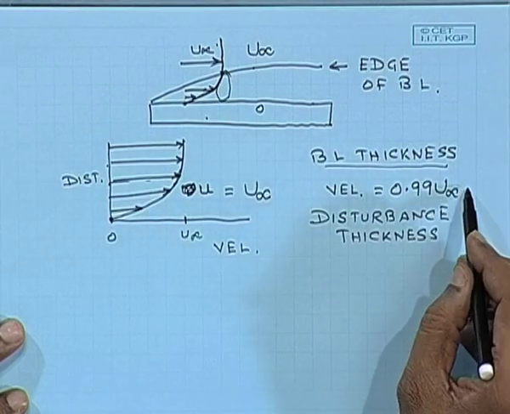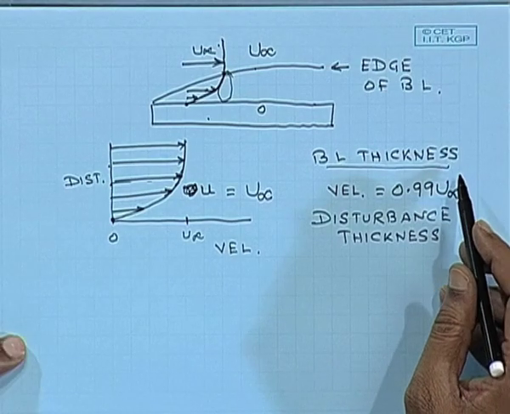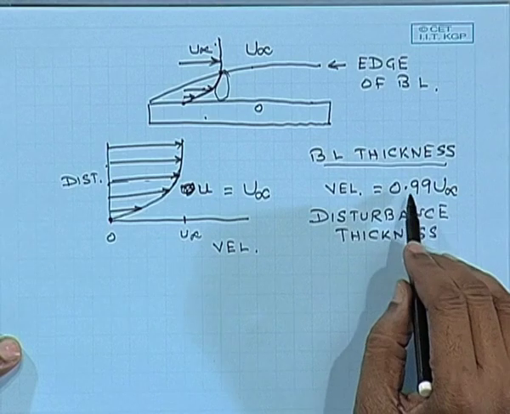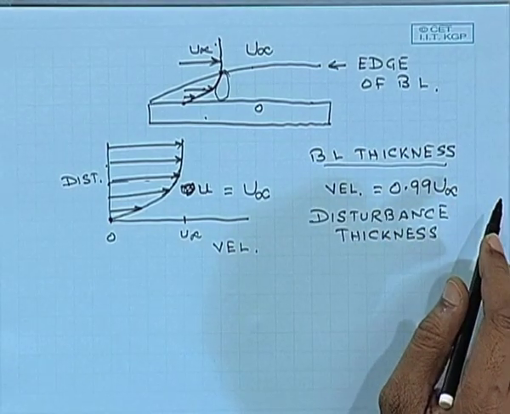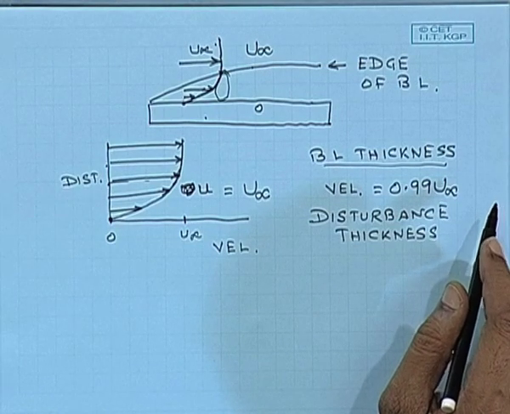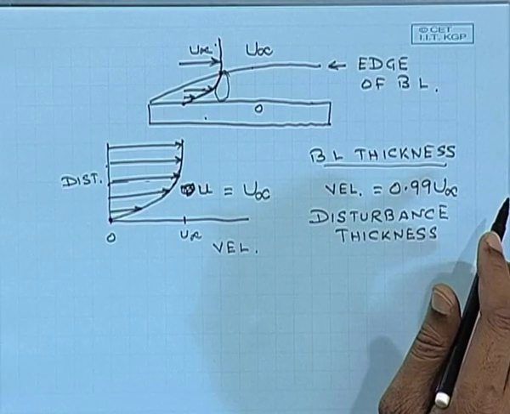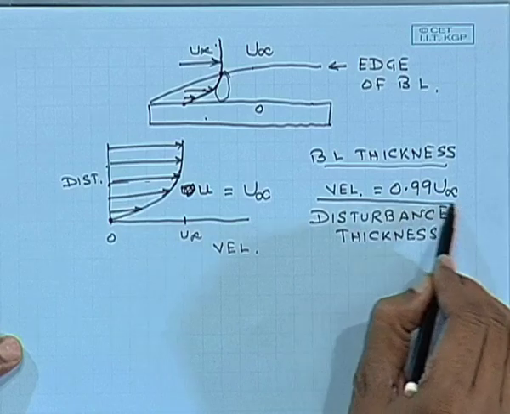So this is the traditional definition of boundary layer thickness for the hydrodynamic one, and for the thermal boundary layer and for the mass transfer boundary layer it is again the same, where the temperature approaches 99% of the free stream temperature. That is the thickness of the thermal boundary layer. It is defined in a slightly different way, but we will discuss that. For hydrodynamics, this is the relation.